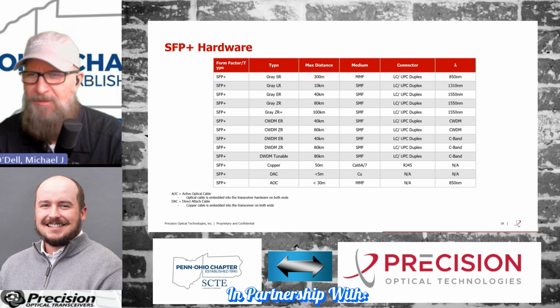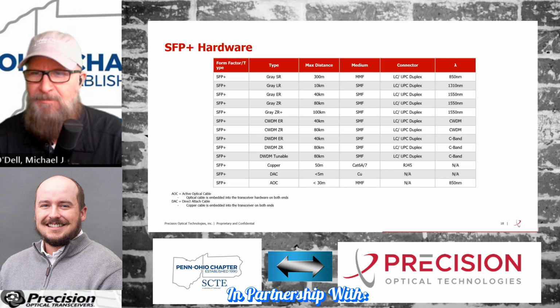But when you get to the 10 gig, the X is external source coding, and R stands for scrambled encoding, which is 64-bit 66-bit timing, which is a requirement for 10 gig.